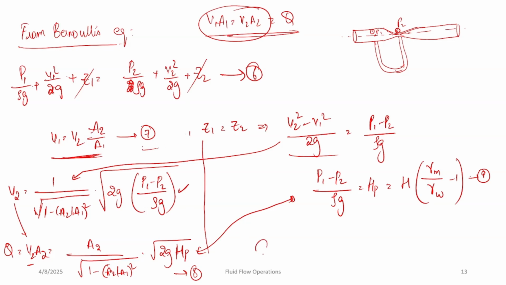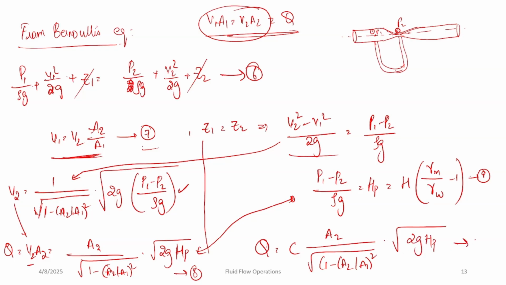Now Q will be equal to C into A2 by square root of 1 minus (A2 by A1) whole square, into square root of 2g into HP. Let's say this is equation number 10. Here C is the coefficient of discharge. This will give us the flow rate.